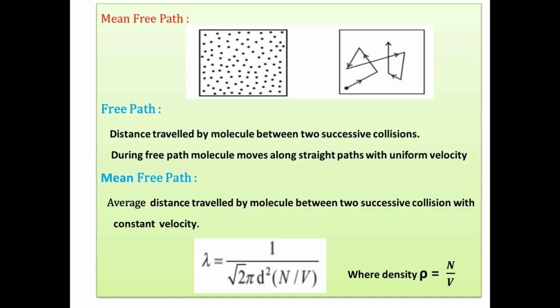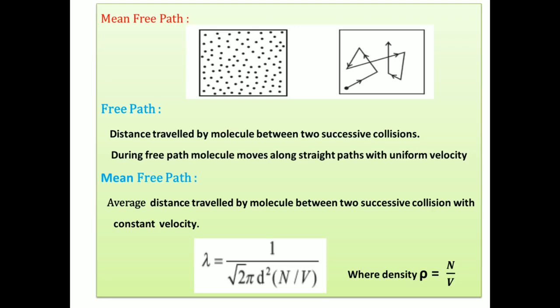Density means the number of gas molecules per unit volume, where N is the number of gas molecules and V is the volume. It is also seen that mean free path is inversely proportional to the size of the molecules. This size depends upon the diameter of the molecule.